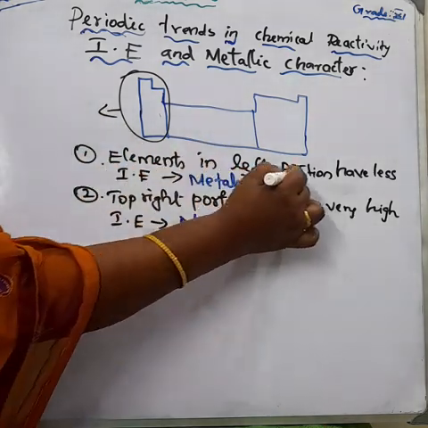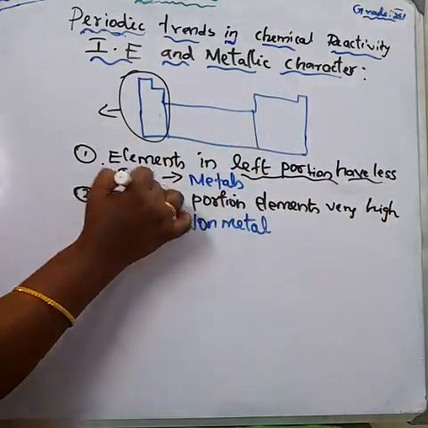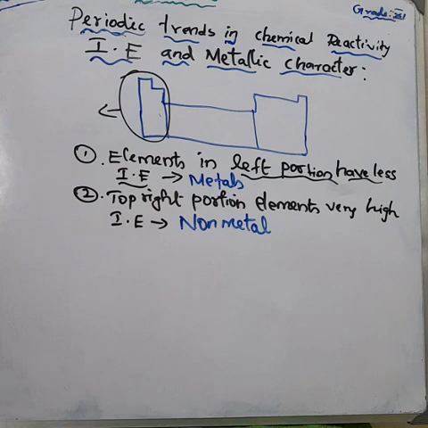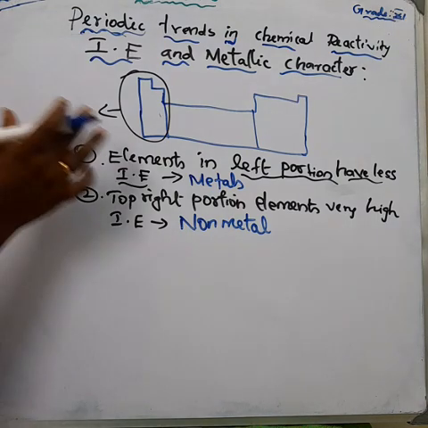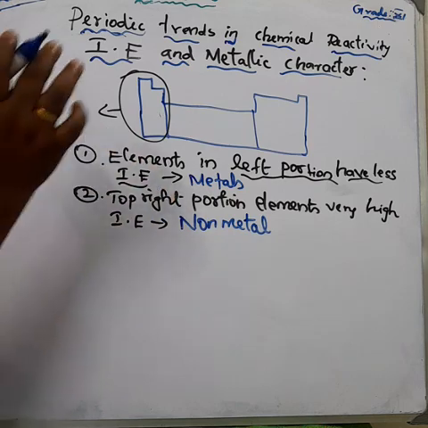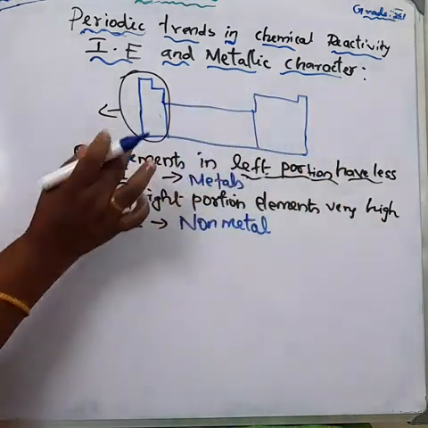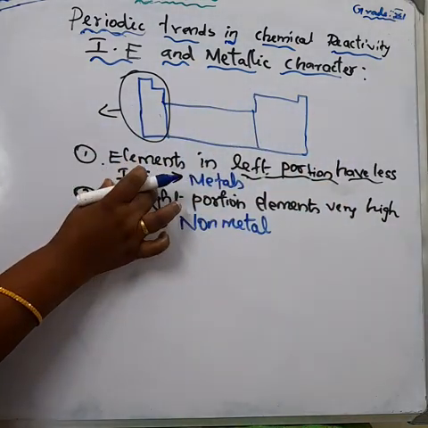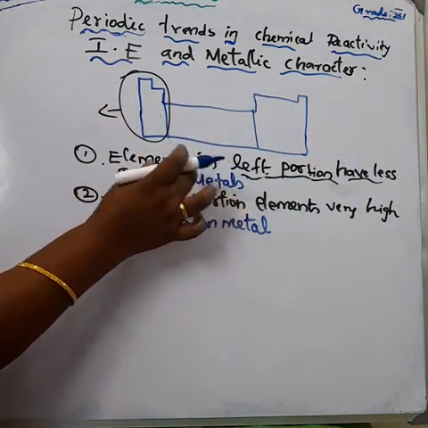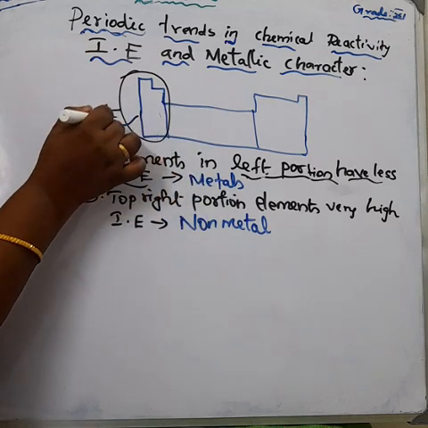What do we mean by ionization energy? The amount of energy required to release the electron from the outermost orbit. These elements on the lower left side show less ionization energy because they easily lose the electrons from the outermost orbit.